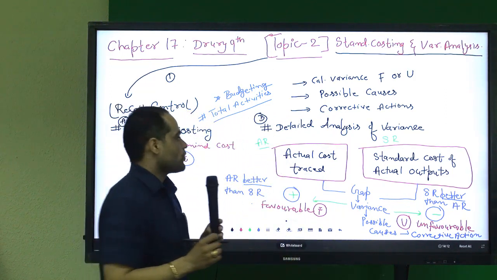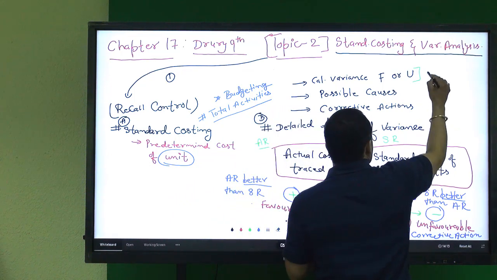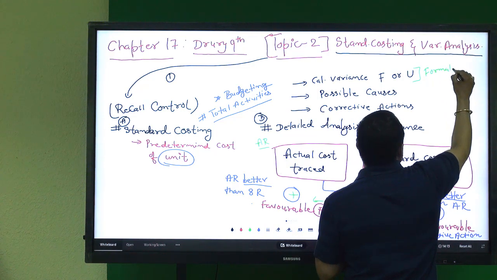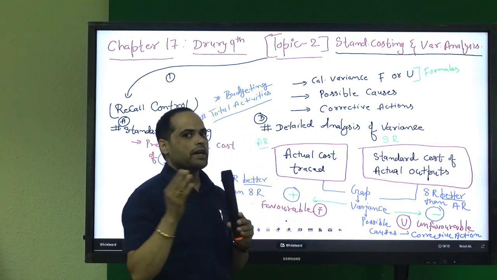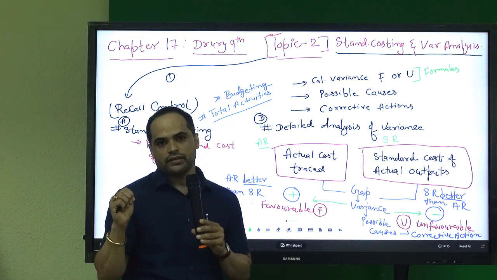We have formulas here to calculate variances: cost variance, sales variance, and profit variance.